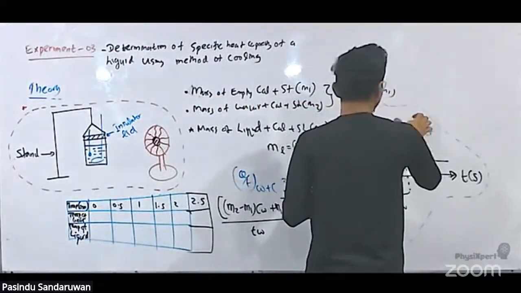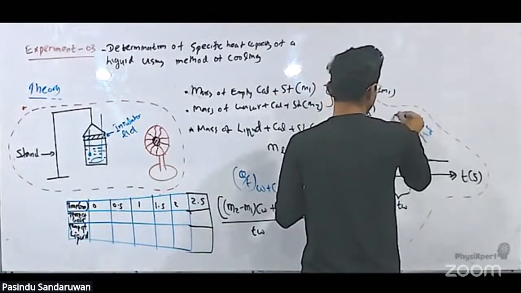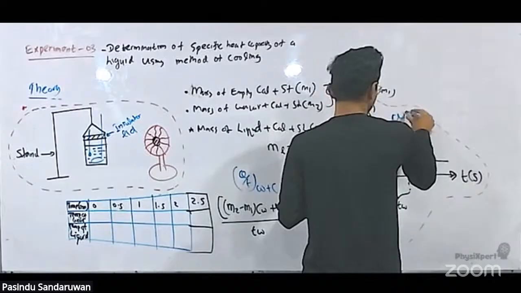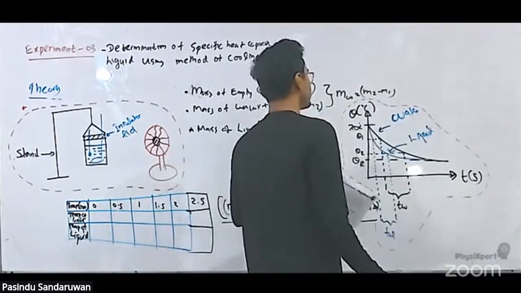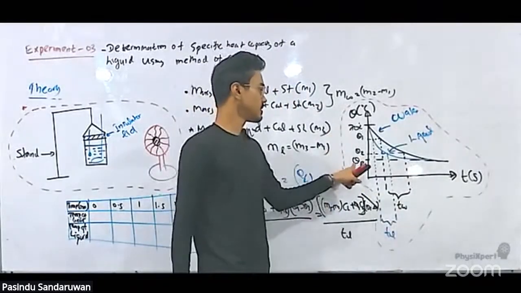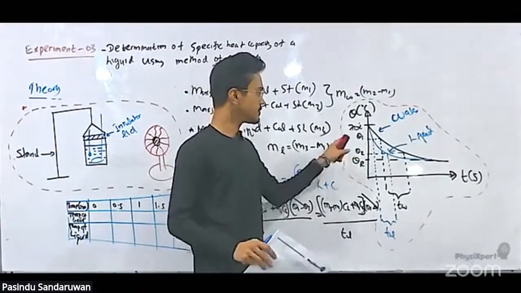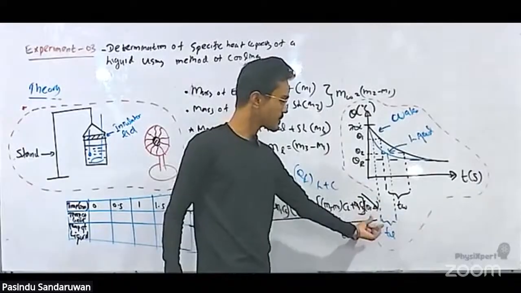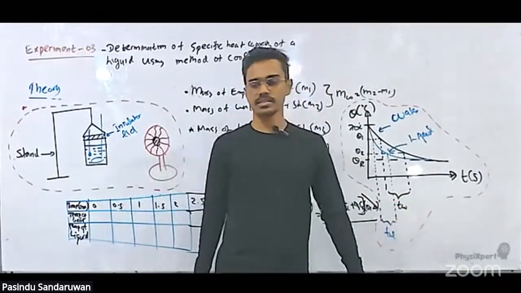This one is for water. This is the liquid. Mark theta r, theta 1, theta 2, and from theta 1 to theta 2 mention these times. Time taken by water is Tw, by liquid is Tl.